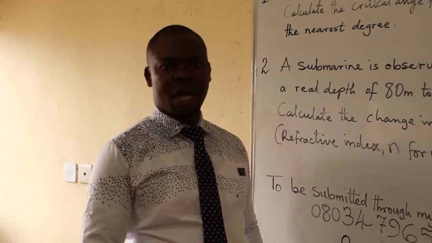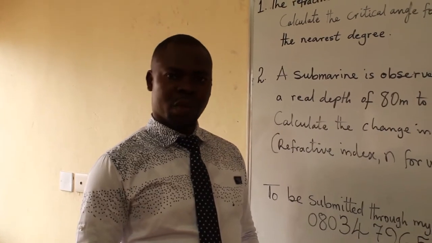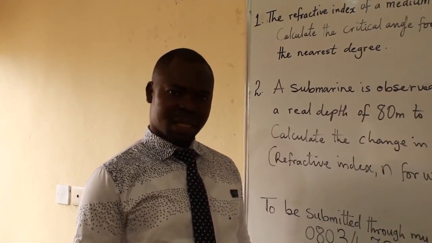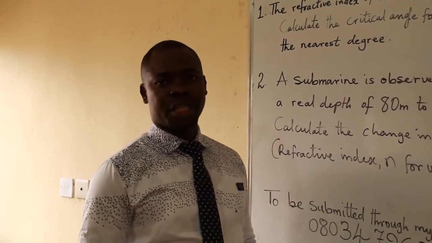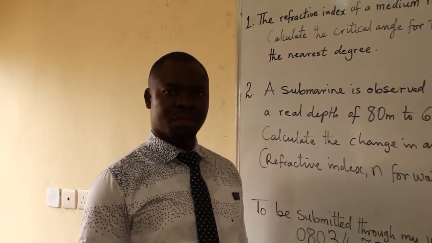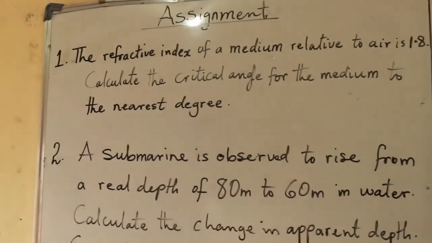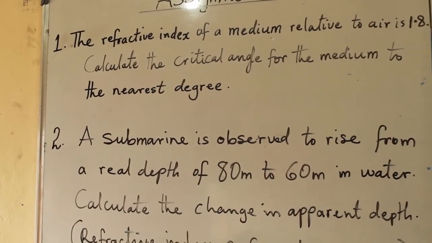Alright, we have an assignment here. There are 2 questions in this assignment. You are expected to solve them and then send your answers to my phone number, my WhatsApp number, or my email. So let's look at the 2 questions. The first one: the refractive index of a medium relative to air is 1.8.